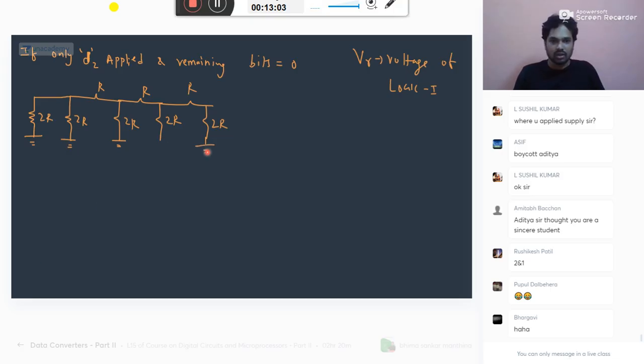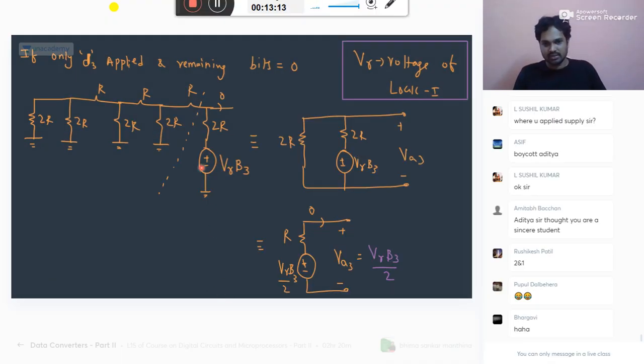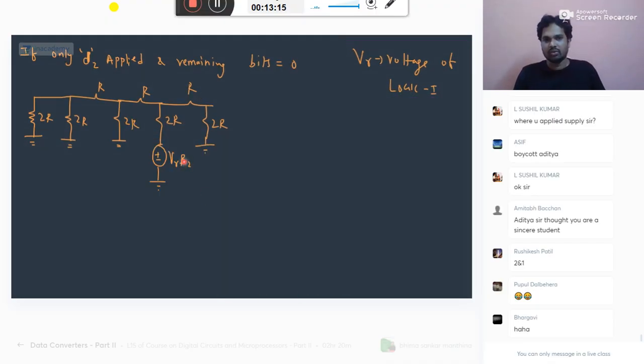Make it ground and here you apply VR into V2. You understand the difference? Earlier you applied this, now you applied only this one. Okay. Is it clear up to this?